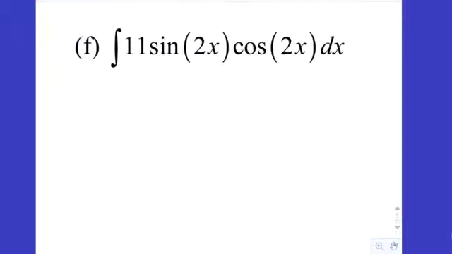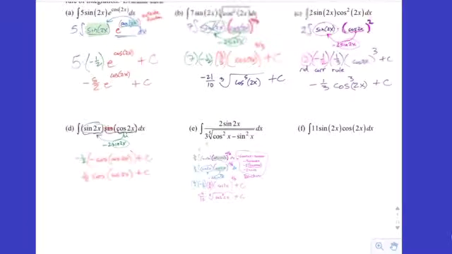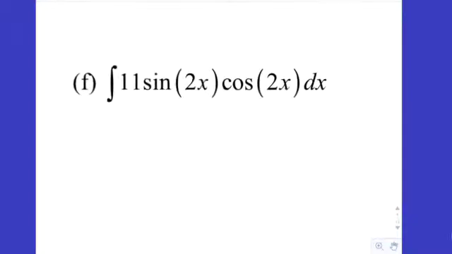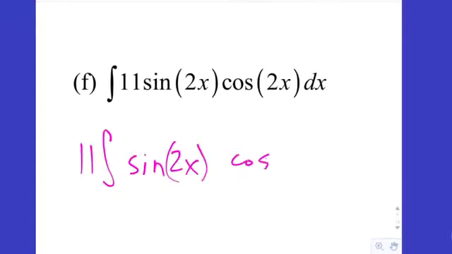Okay, let's see how it's coming along here. If you have been paying attention or read the directions, I said every single one of these is going to have the same inside function. So if you went with that, you would then say, okay, cosine of 2x has got to be my inside function, right? That's what it has been.